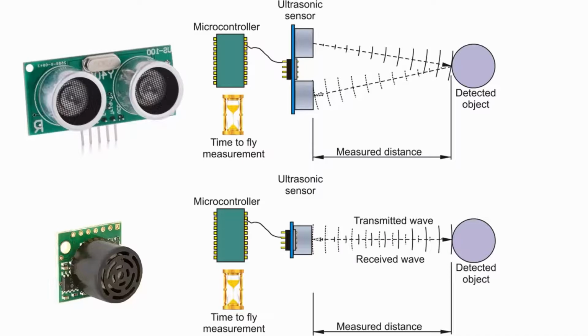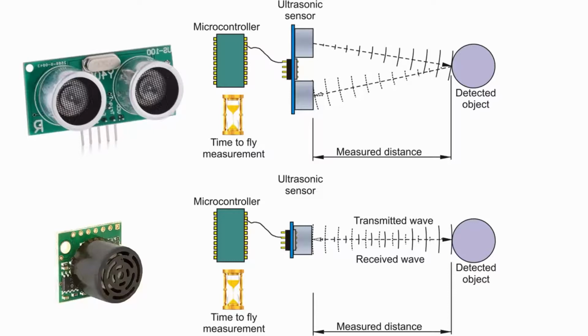If any object is present in the detectable range, a part of the sound pulse gets reflected by the object, and that reflection is sensed by the receiver. By calculating the traveling time of the pulse, we can find out the distance of the obstacle or the presence of any obstacle. So in that way it is being measured.